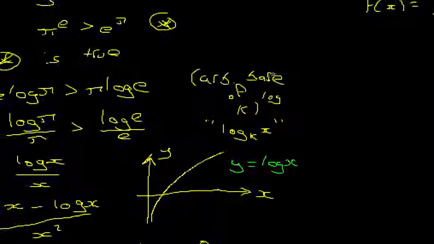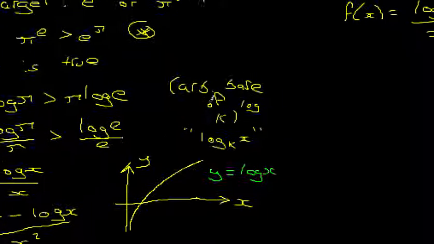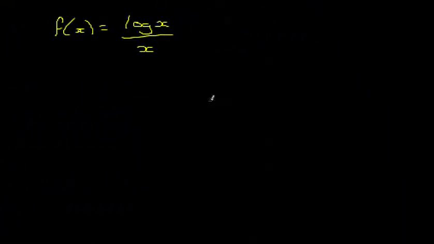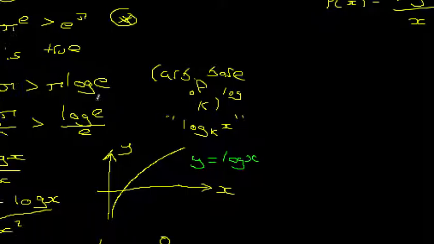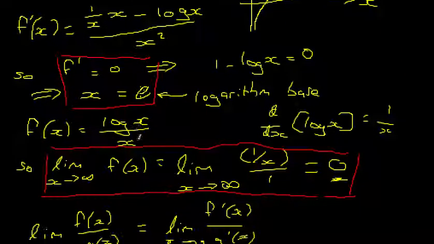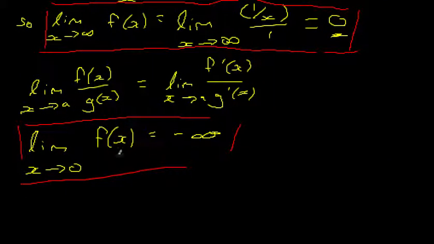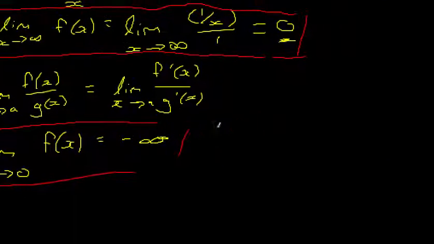Because if we see where these points lie, i.e. where x is pi and where x is e for our function f, then this is going to determine which of these is bigger just by looking at the graph line. So f of x is this, and we know there's one stationary point at x is e. As x goes to infinity, it goes to 0. And as x goes to 0, we go to negative infinity.